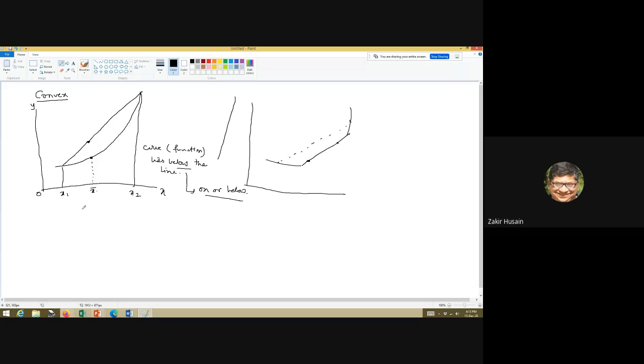Or we can reverse this: the line lies above or on the function. In this case, it is always above. In this case, it depends on the points that we are taking. Points like this and like this are going to be above, but if we take a point on this segment, it is going to be on the function. Similarly for concave, a strict concave and weak concave will look like this.